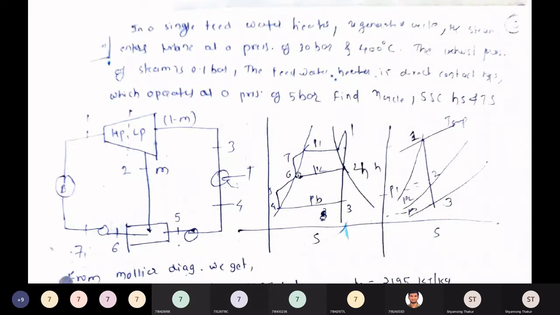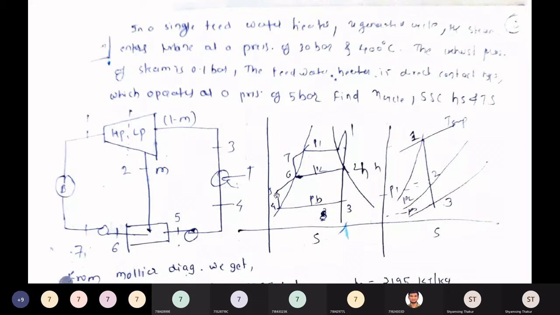So when we look at the particular cycle, let's start from this point. This is pump one, where 4 to 5 there is pumping. We know point 4 lies on the saturated liquid line, correct? So taking point 4, 4 to 5 there is pumping.